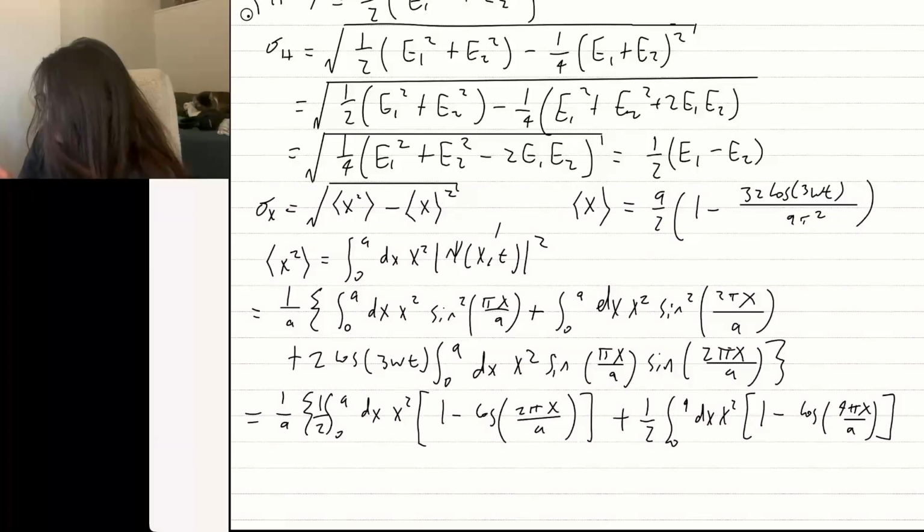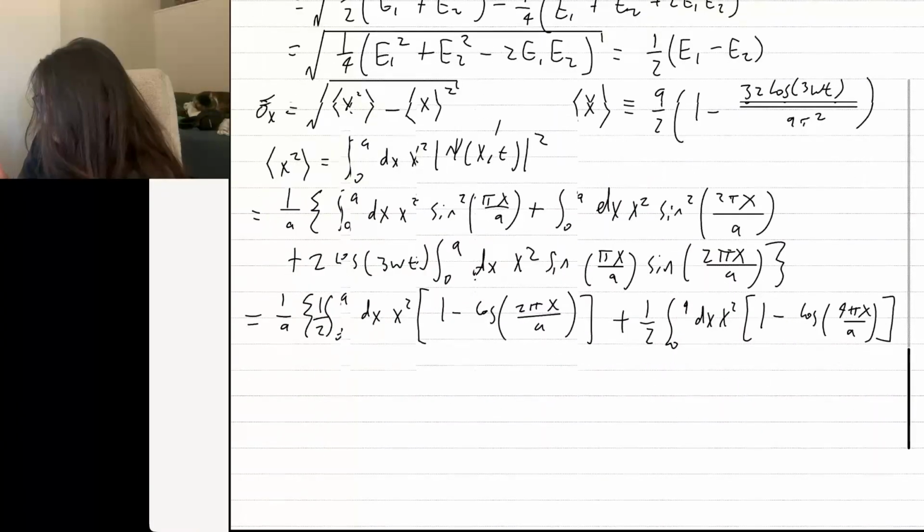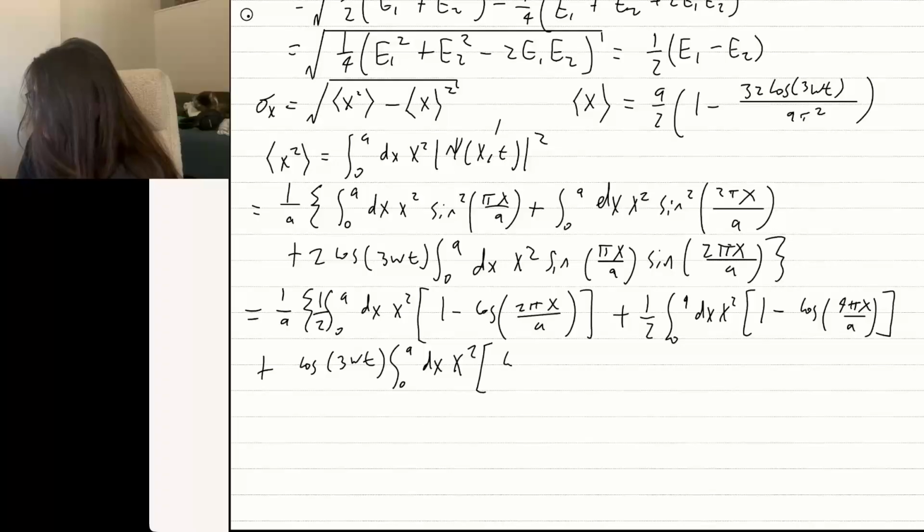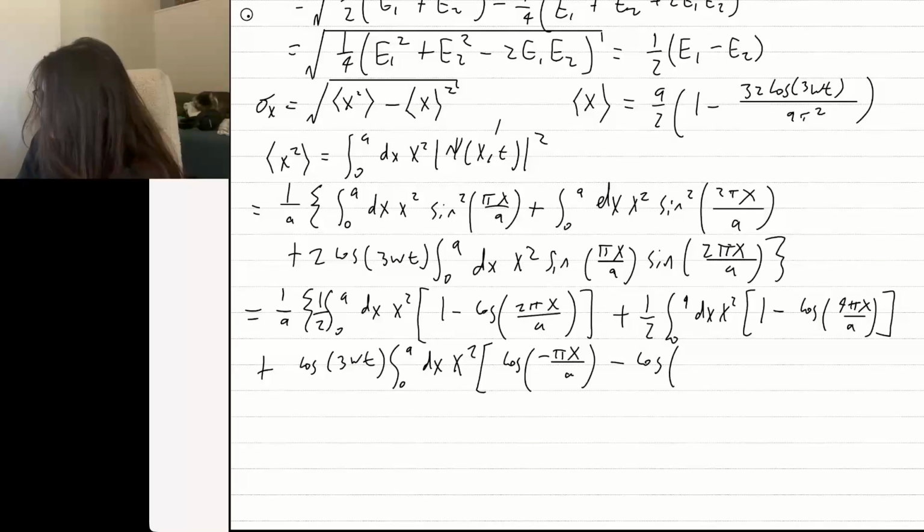Plus cosine 3 omega t, and actually I'm going to get rid of that 2, because we're going to apply a similar style trig identity to the pair of sine functions there. It starts out with a factor of 1/2, then cosine of this argument minus this argument, so minus pi x over a, and then minus cosine of this argument plus this argument, so 3 pi x over a, right?